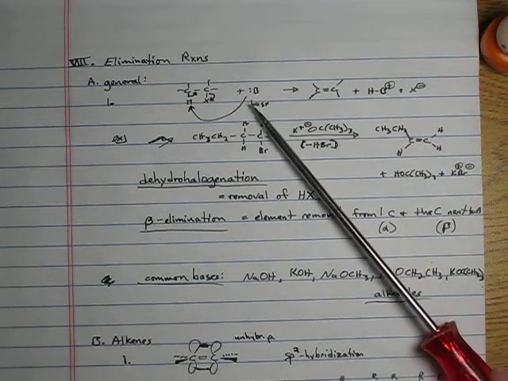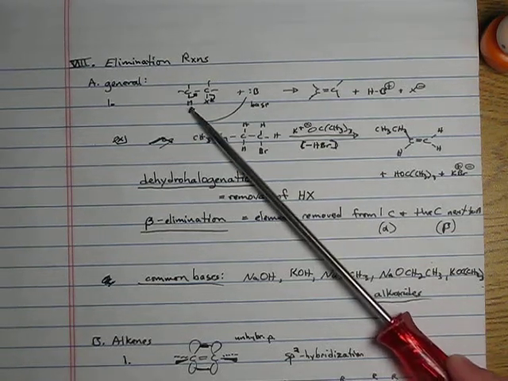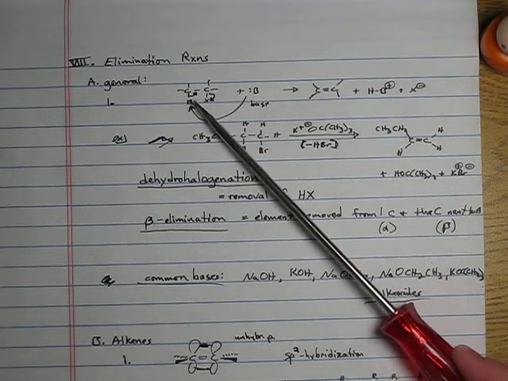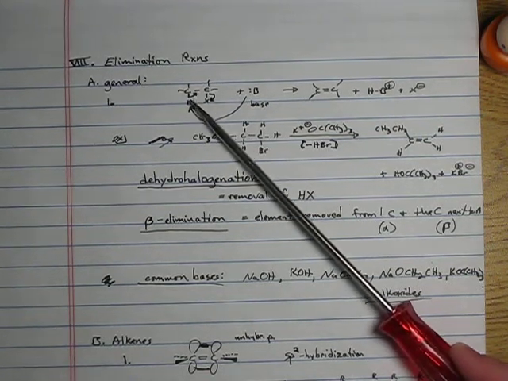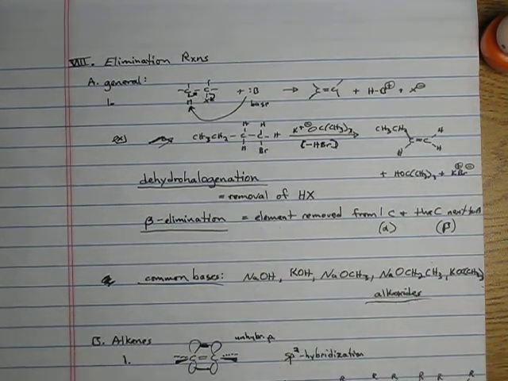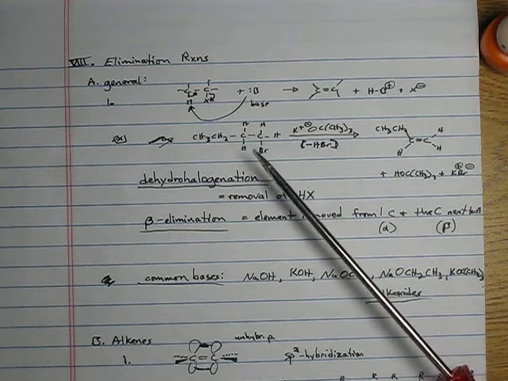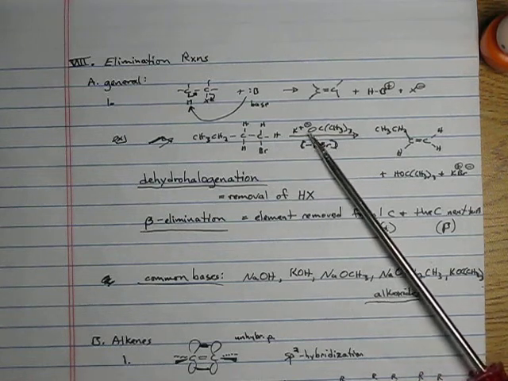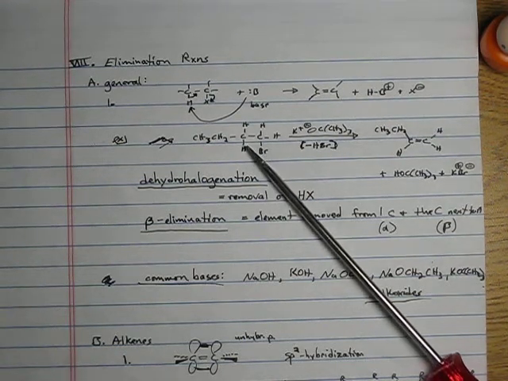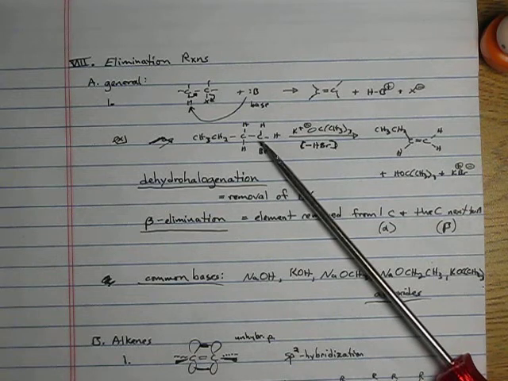The base will come in, form a bond with this hydrogen, taking this hydrogen off the carbon. The sigma bond pair will become a pi bond between the two carbons. So in this reaction here, the potassium tert-butoxide will come in, take this hydrogen, the sigma bonding pair becomes a bonding pair between these two carbons.